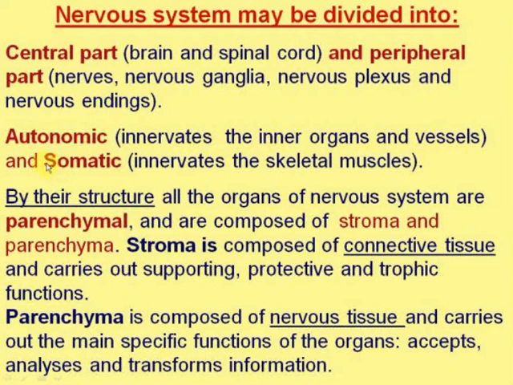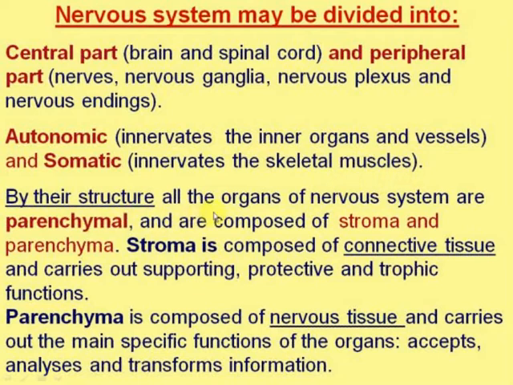Nervous system can be also divided into autonomic and somatic. Autonomic innervates the inner organs and blood vessels, and somatic innervates the skeletal muscles.